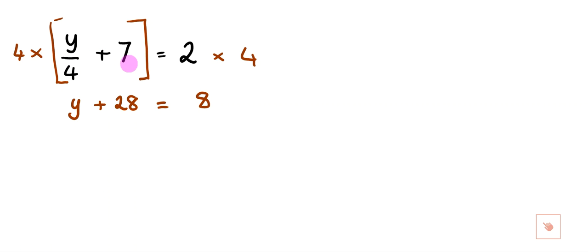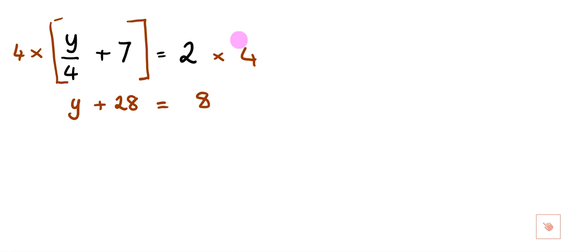But 4 lots of plus 7 is also plus 28. Normally you wouldn't give me that as your first answer, but you're right. It must be y plus 28. And we did the same to the other side.